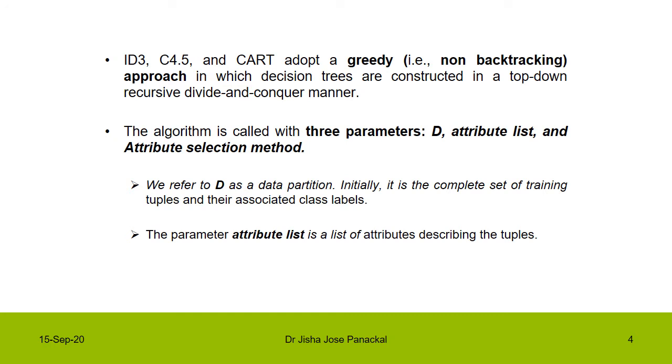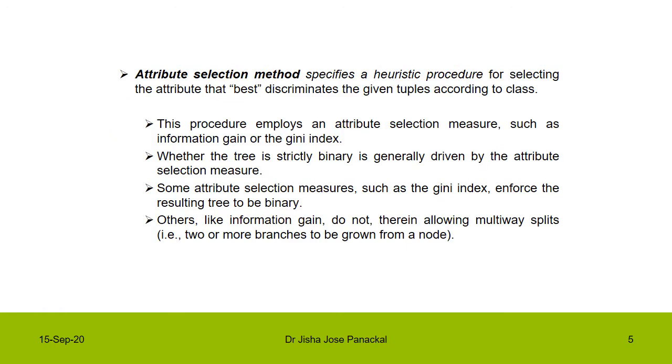And we will see what is the meaning of attribute selection method. It specifies a heuristic procedure for selecting the attribute that best discriminates the given tuples according to class. This procedure employs an attribute selection measure such as information gain, Gini index, etc. Whether the tree is strictly binary is generally driven by the attribute selection measure.